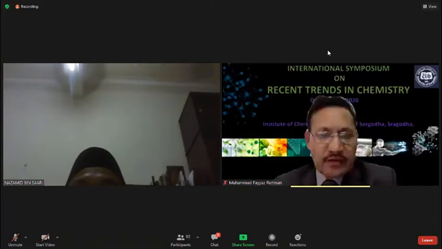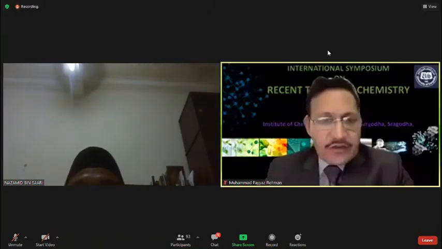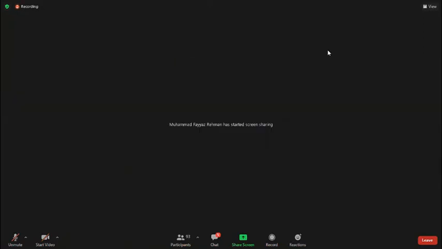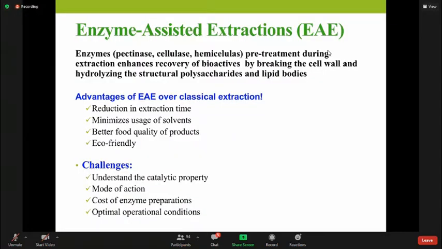of this method are concerned, you see enzymatic reactions are substrate specific. So definitely we have to optimize the process variables, especially the catalytic properties have to be understood when we are using any enzymes. The mode of mechanism of action of these enzymes has to be studied, and the cost of the enzyme preparation is also important.